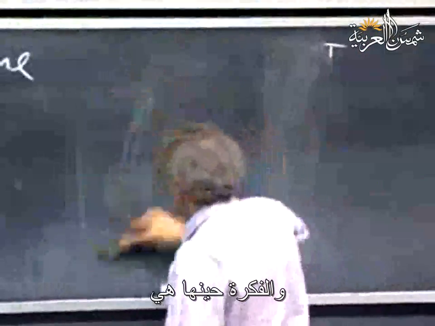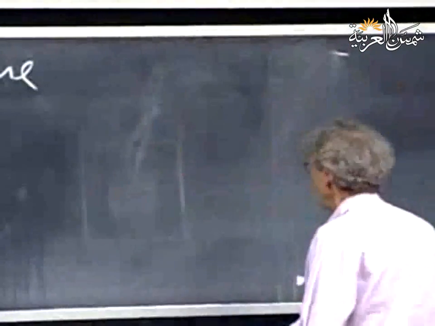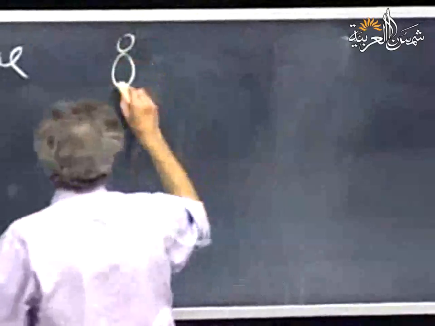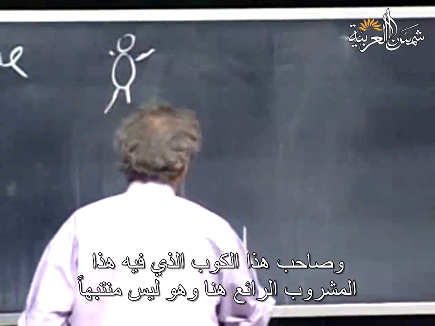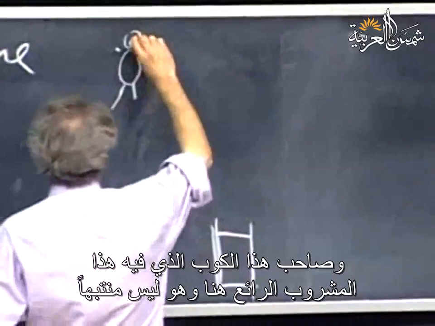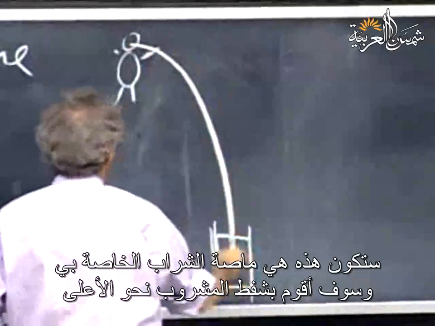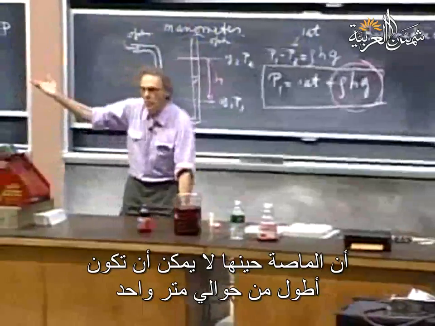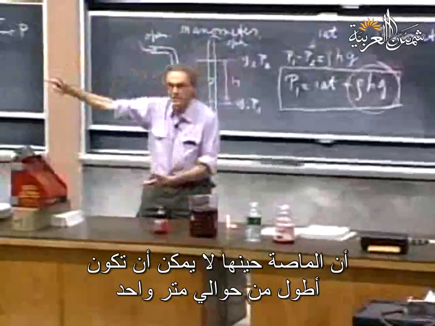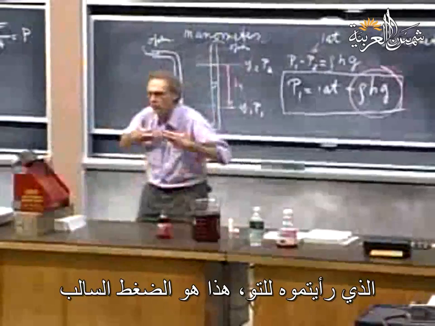I would be standing here, the person being unaware of this glass down here with some great stuff in it. This would be my straw, and I would just suck it up. And I decided over the weekend that the straw could not be much longer than about that 1 meter that you just saw. That's the under pressure.